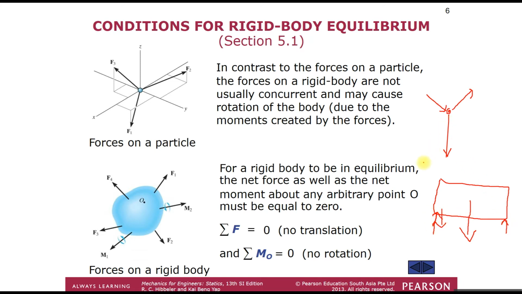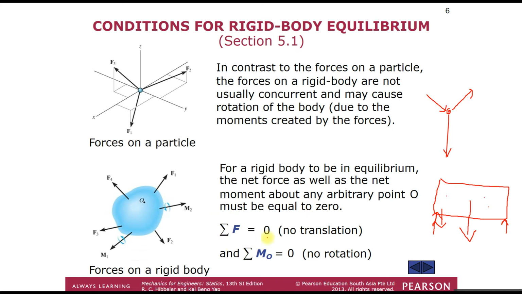So it's a bit different from the particle, meaning that we consider all of the necessary forces that react on the body. And again, the same as for a particle, for a rigid body to be in equilibrium, the net force as well as the net moment about any arbitrary point, meaning at any point of the rigid body, must be equal to zero.